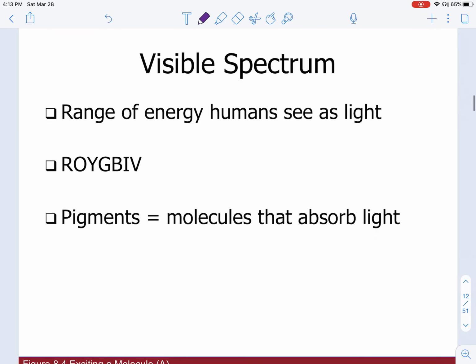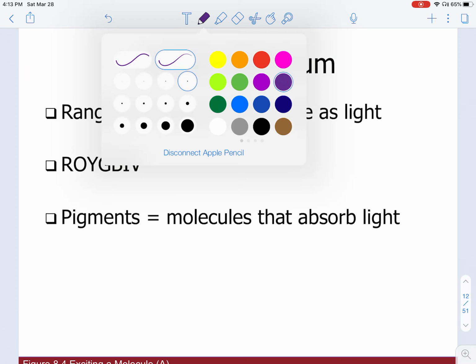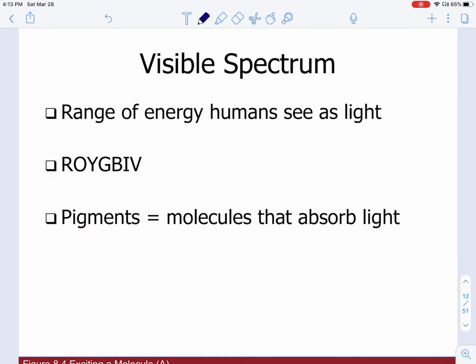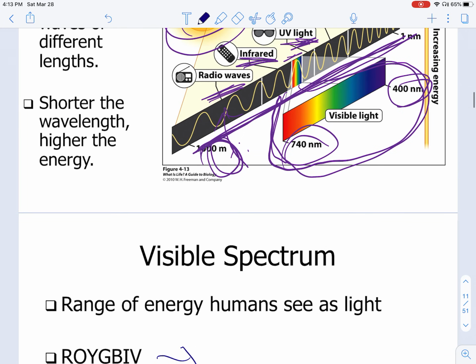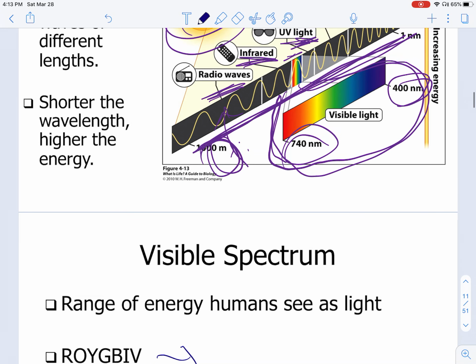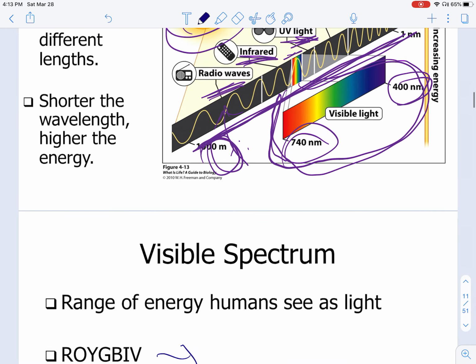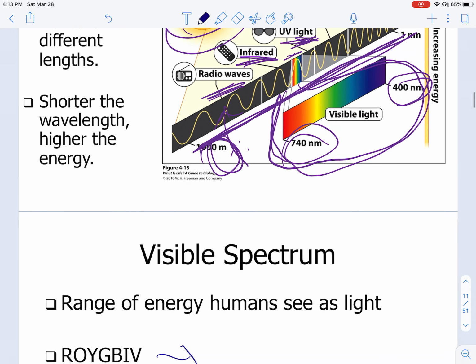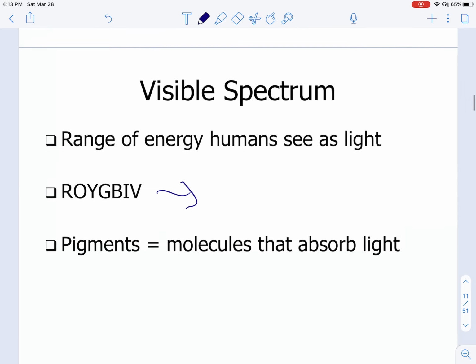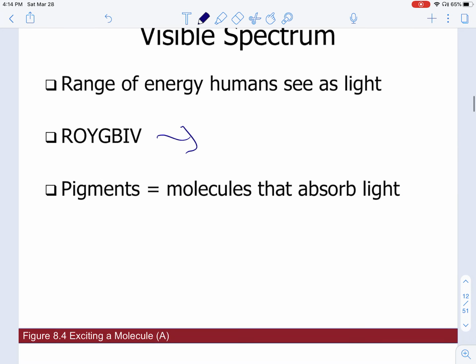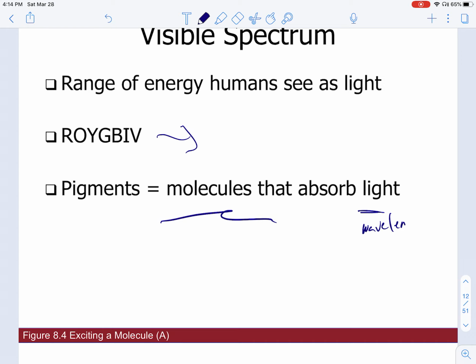If you remember from grade school or wherever, we can break down that visible light spectrum via Roy G. Biv, which is red, orange, yellow, green, blue, indigo, and violet, right? And so pigments are things that absorb particular wavelengths of light.